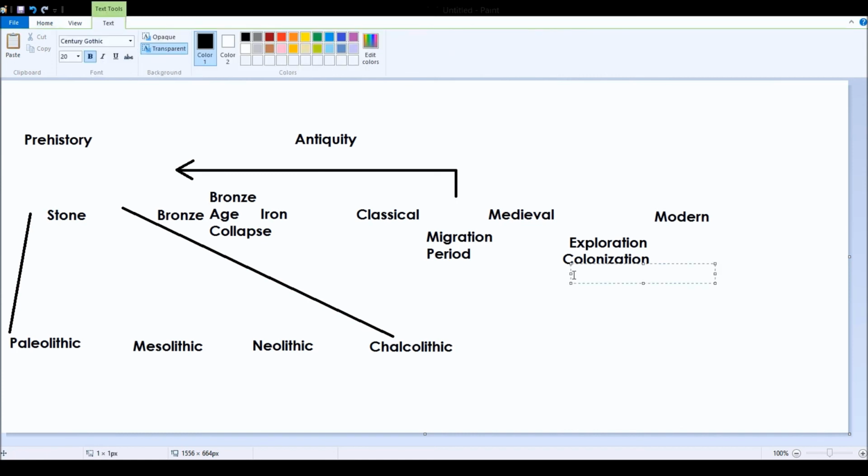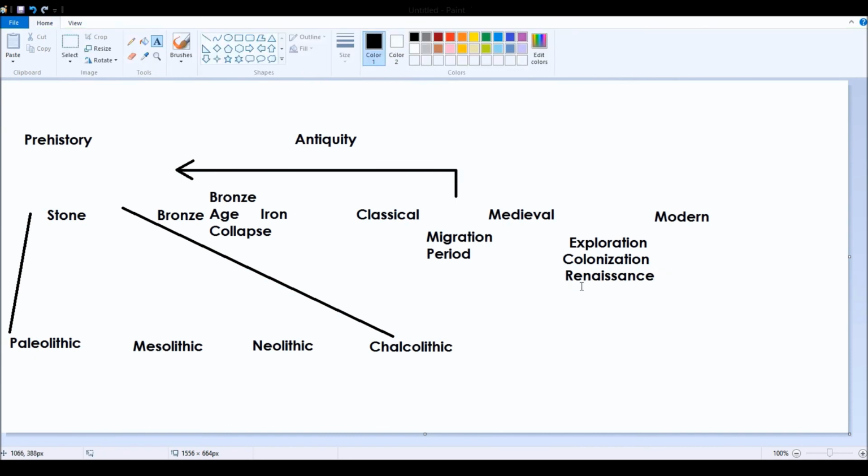And of course, another part in the transition from medieval to modern is the Renaissance. I think I may have misspelled it, but oh well.